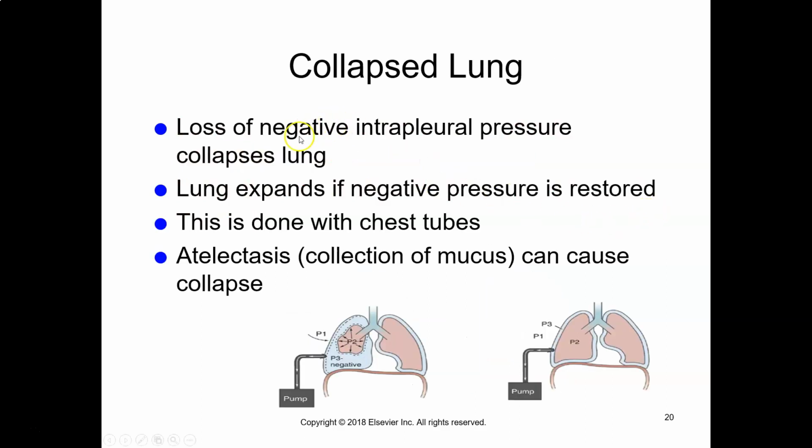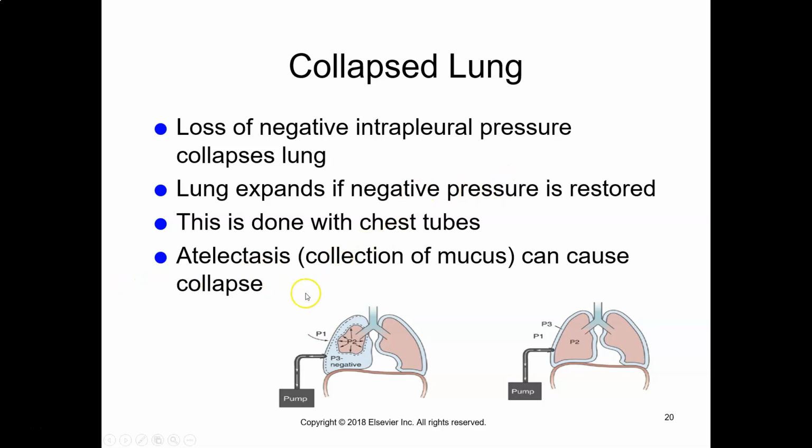And here is loss of negative intrapleural pressure and the lung collapses, what I was talking about. If they are in a car wreck or whatever, and this intrapleural pressure collapses, then they can't breathe sufficiently, and that has to be restored.